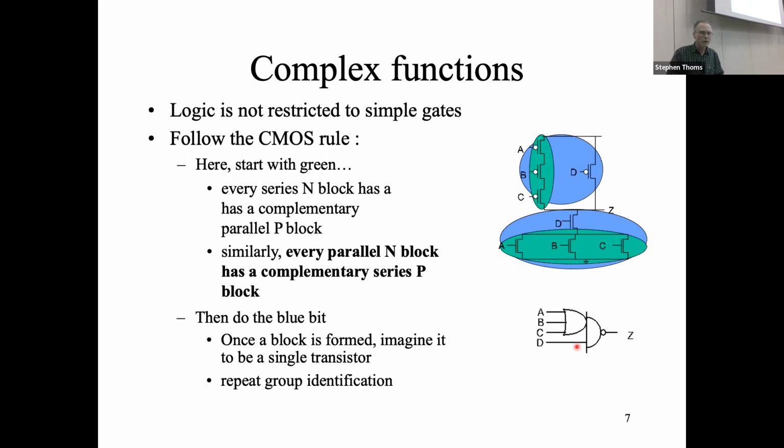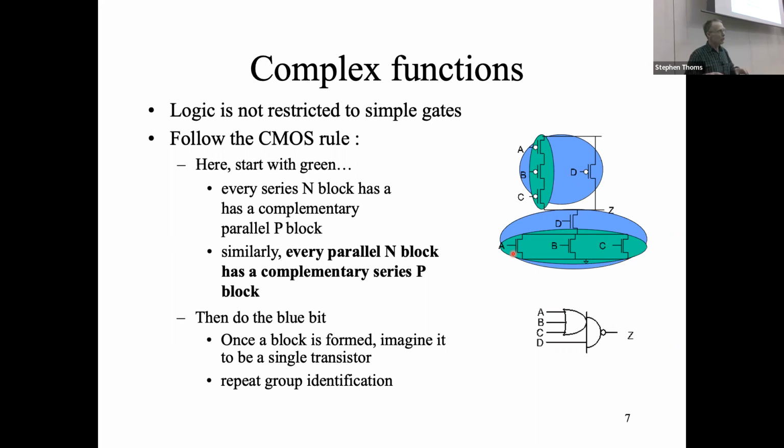So what we do is we do the green bit and then we do the blue bit. So the green bit, we've said, well, okay, that's 3 transistors in parallel on the N side. And that's generally what you can see. If you've got NMOS transistors in parallel, then if any one of them turns on, then that whole block conducts and pulls the output down.